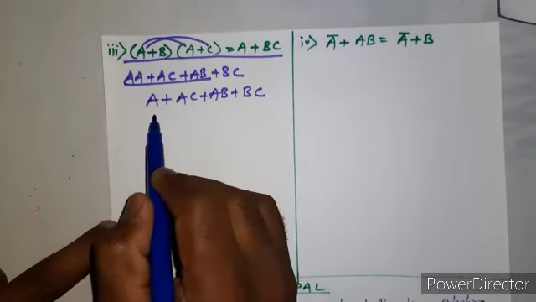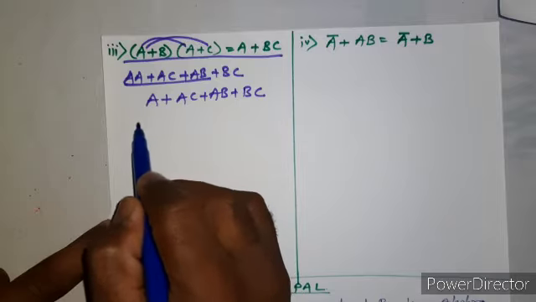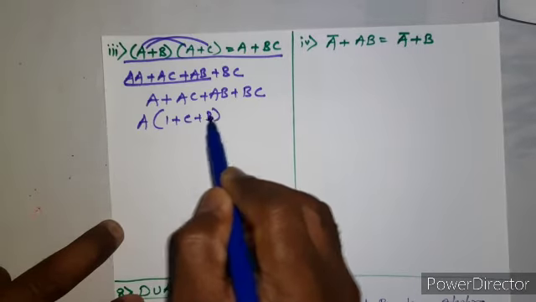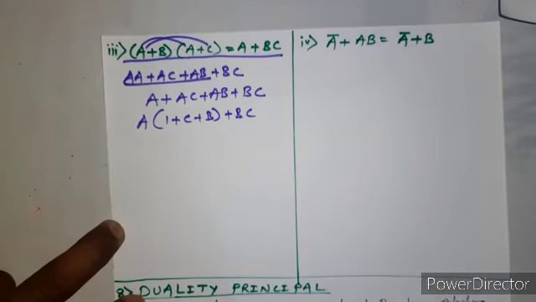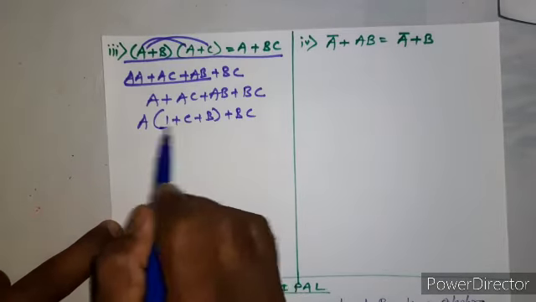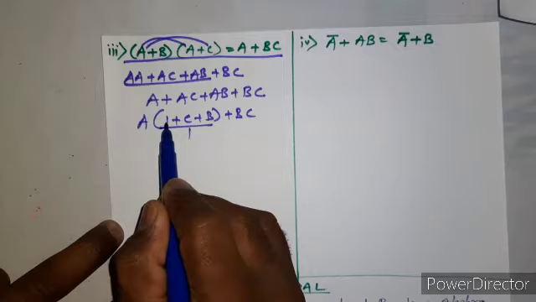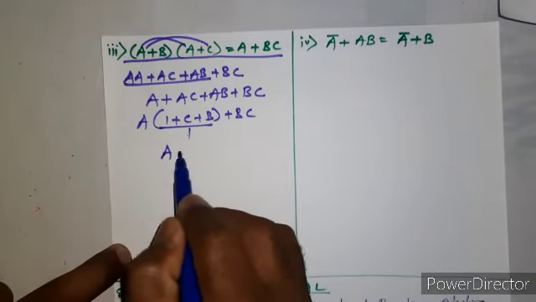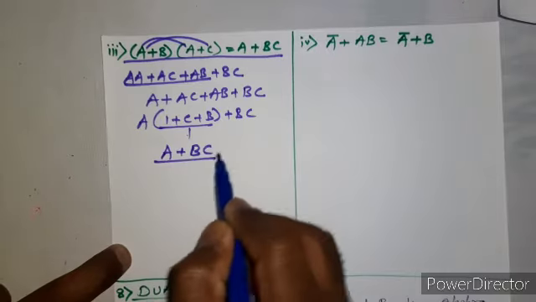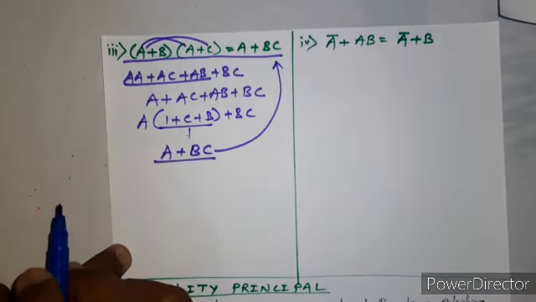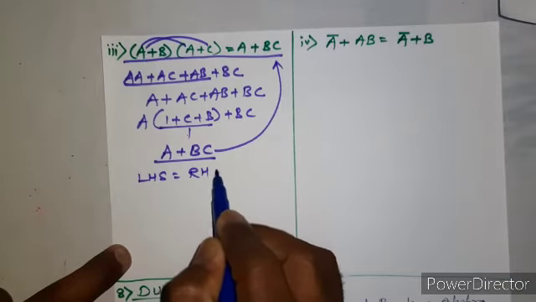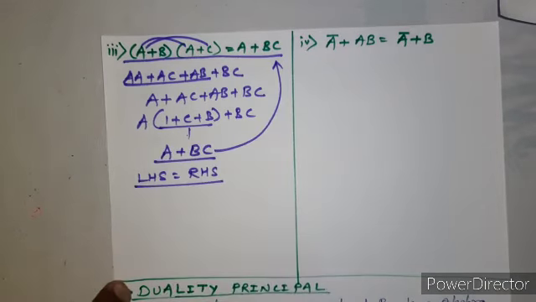Taking A common, I have A times 1 plus C plus B, plus BC. This complete term becomes 1 because, using ORing laws, 1 plus anything is 1, so this becomes A plus BC. This is what we have proved. So I can say LHS is equal to RHS.